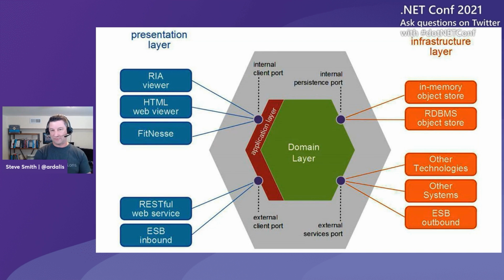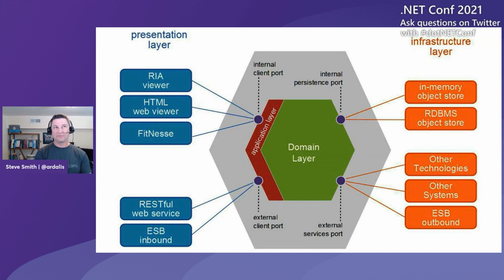Sometimes you benefit from that. Sometimes you may not need it. But the little purple circles there are important. Those are called ports in this diagram. What they really are is abstractions, typically interfaces in your code, and they represent the things that you're going to plug into from outside of the core project in your application.